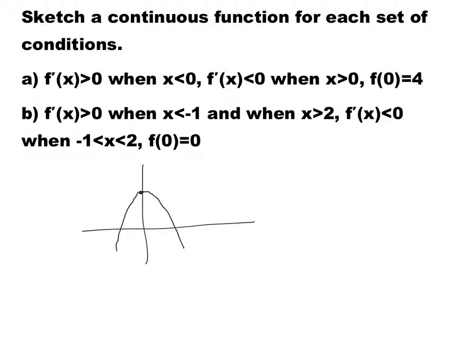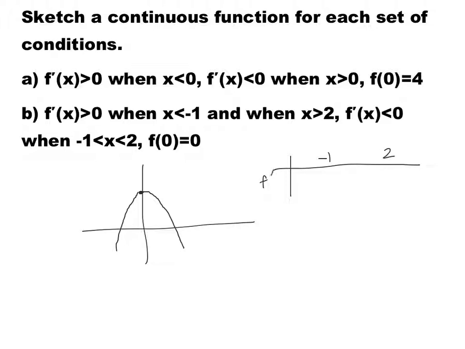The next question says f prime of x is greater than 0 when x is less than -1 and x is greater than 2, and f prime is less than 0 when x is between -1 and 2, and f of 0 is 0. So I'm going to draw the table like this one, -1 here, 2 here.